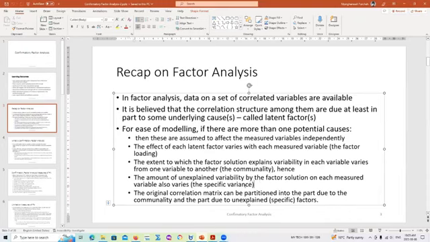That can create some problems, because the mathematics of a correlation matrix says that it must be positive definite, which means the covariance cannot be larger than the product of the standard deviations. Another way of saying it, when you standardize, is that the correlation cannot be bigger than 1.